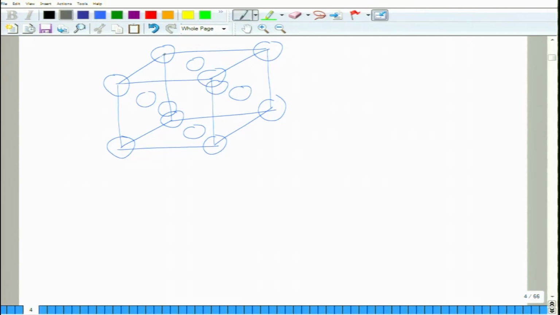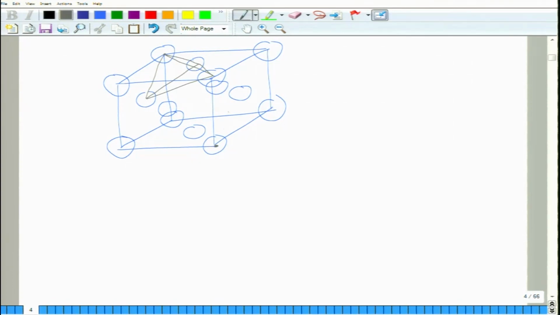If you connect this atom with an atom here, an atom here, and with an atom here, and if you connect these places with each other, this will make a regular tetrahedra. Okay.